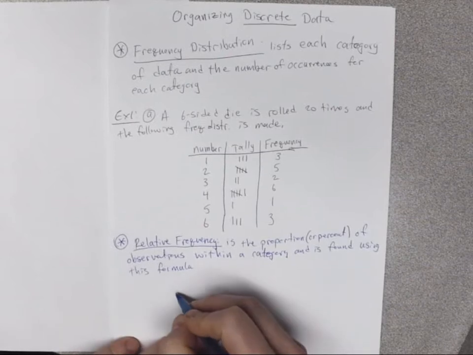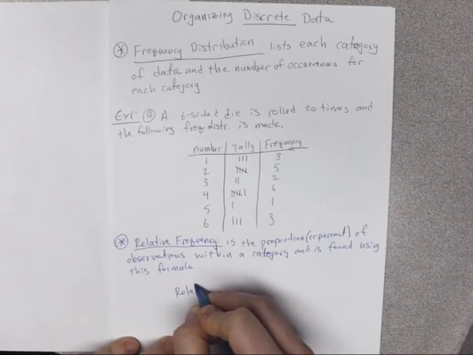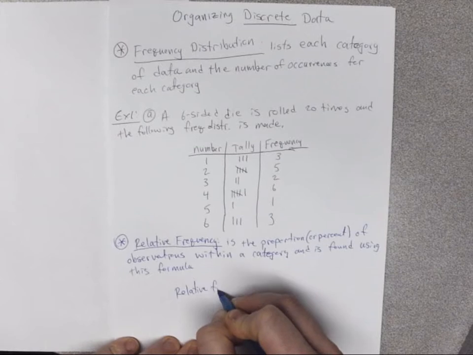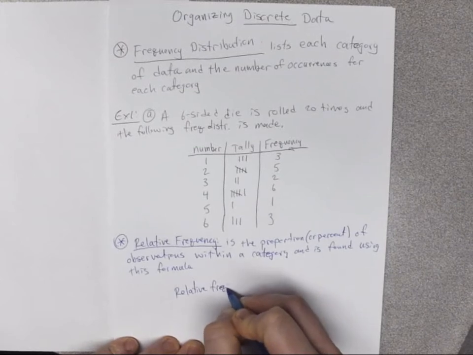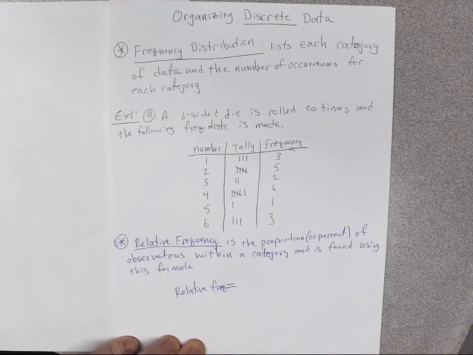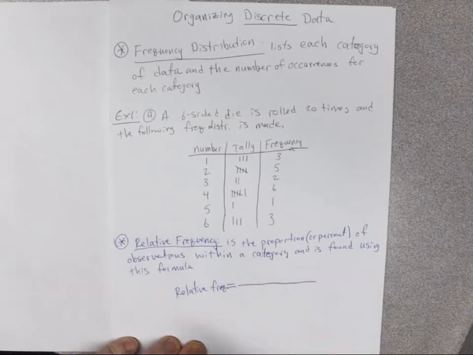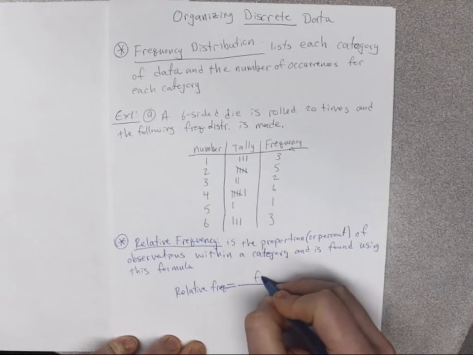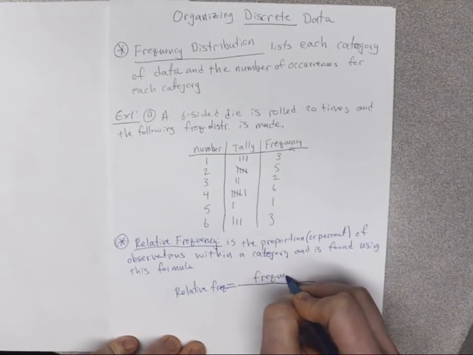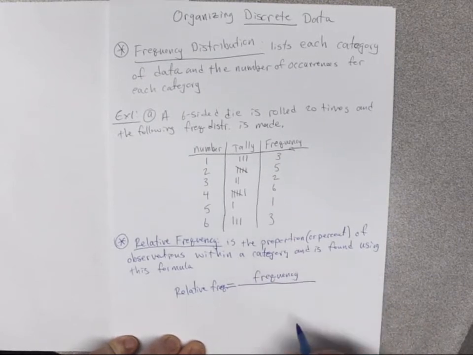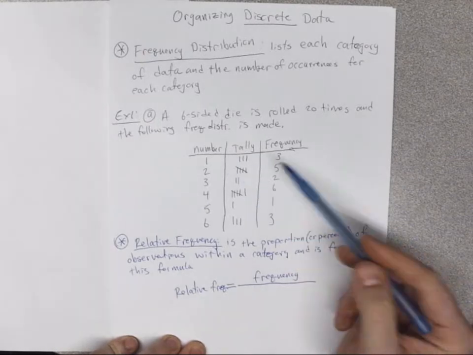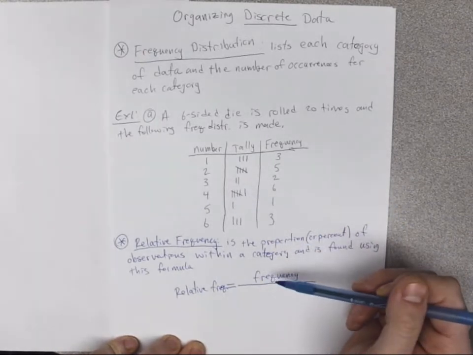So to find relative frequency, I'm going to abbreviate frequency here. Relative frequency equals, so we're going to have a divide sign here, something on top and something on the bottom. On the top, you take the frequency, how many times that observation occurred. In our case, how many times a 1 was rolled, and then a 2 was rolled, and so on.